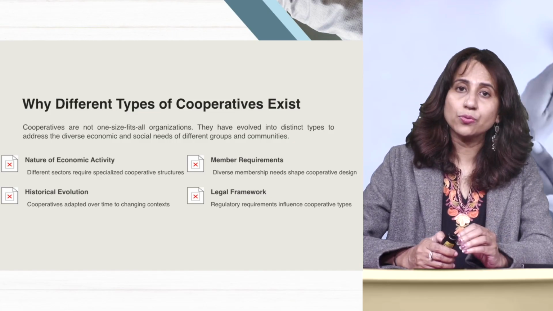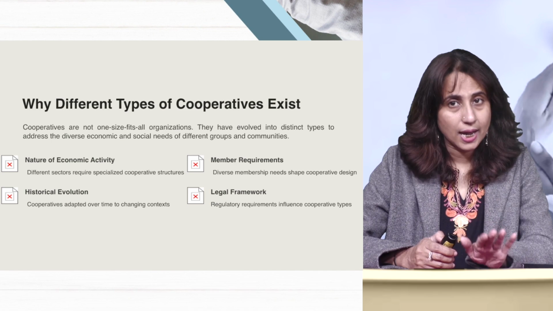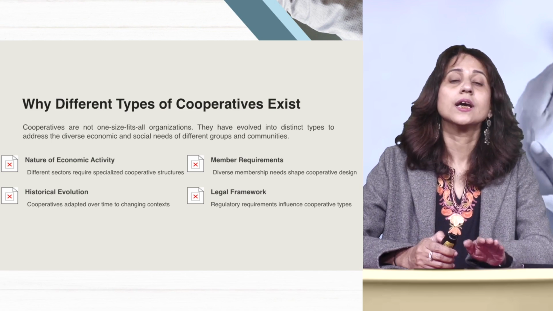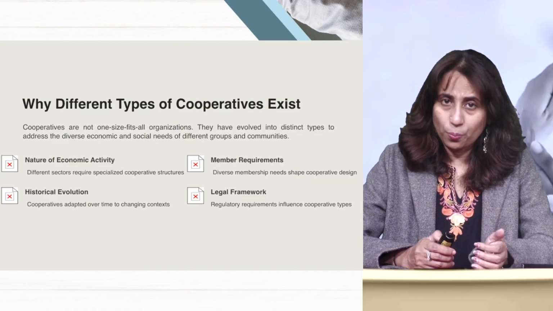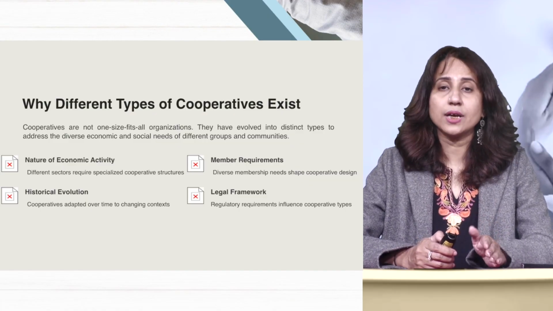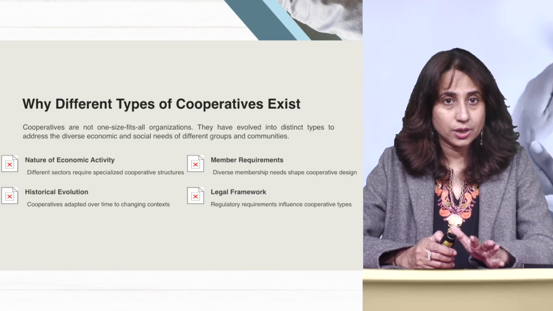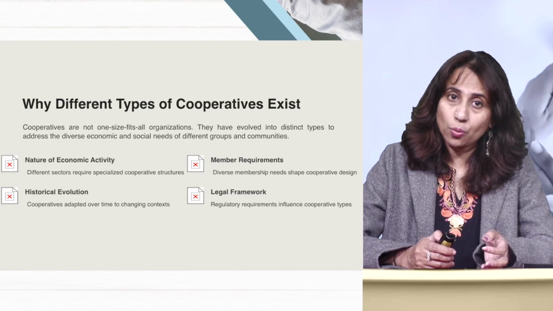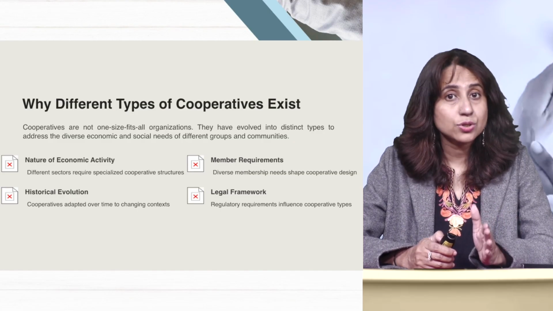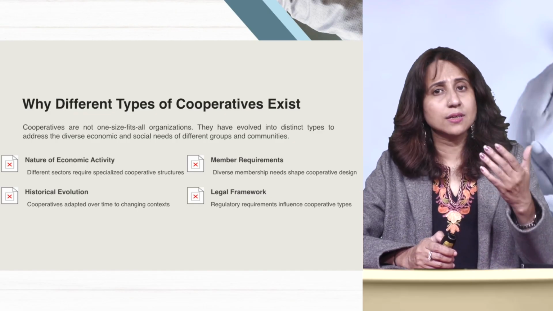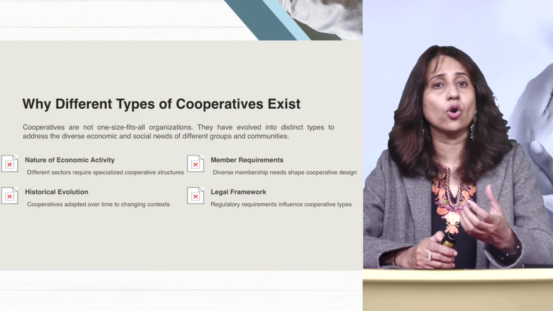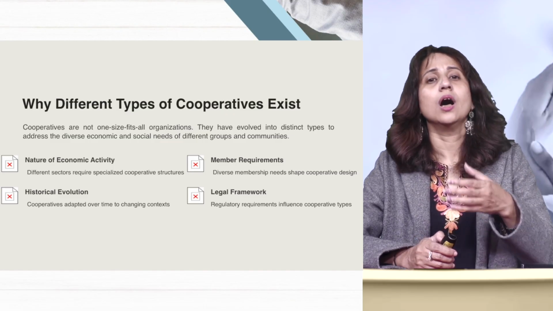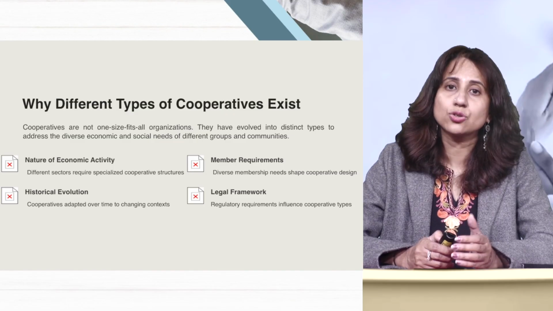So, different types of cooperatives emerged at different times in response to specific historical problems. When we talk about credit cooperatives, they emerged to address moneylenders' exploitation. Again, consumer cooperatives arose during periods of price inflation and hoarding, and housing cooperatives developed in response to urban housing shortages and so on.